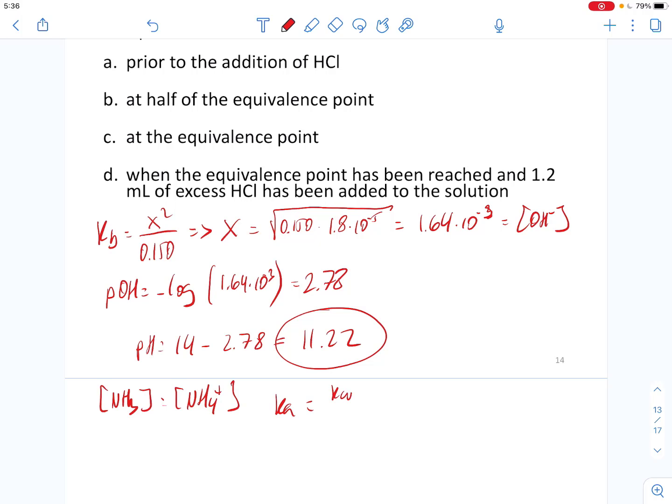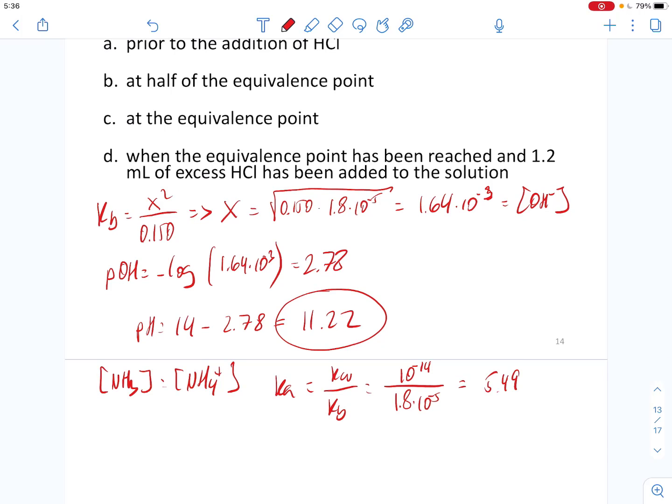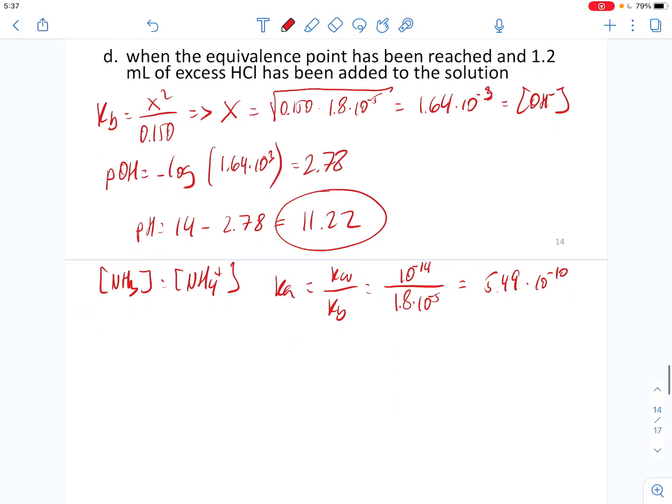And Ka is Kw divided by Kb, which is 10 to the negative 14 divided by Kb, 1.8 times 10 to the negative 5. And this is equal to 5.49 times 10 to the negative 10. Okay? So if you calculate pKa here, then you obtain 9.26.